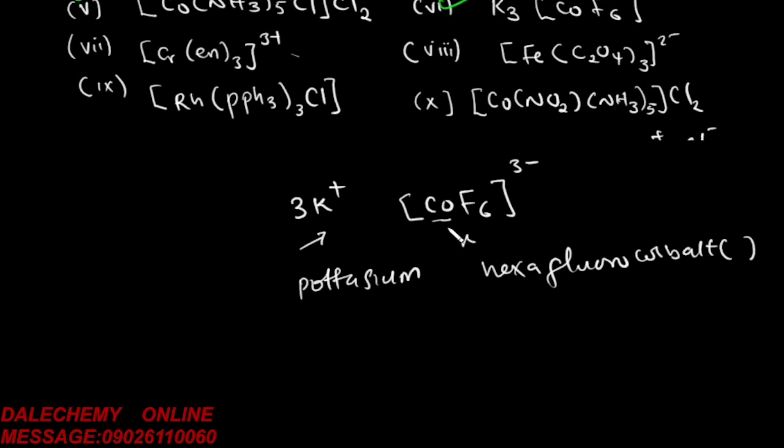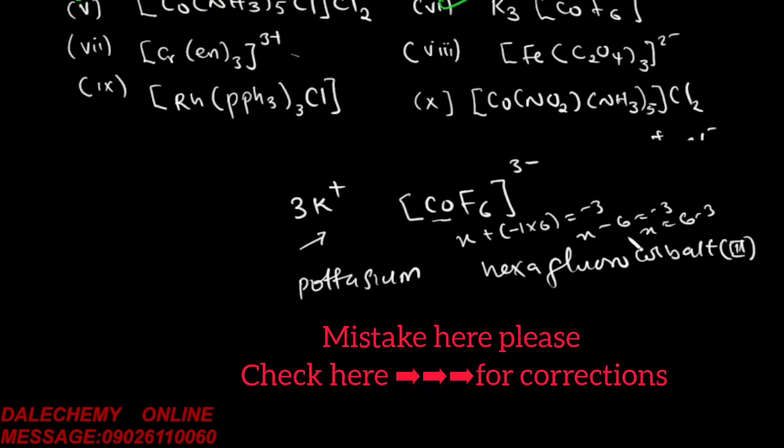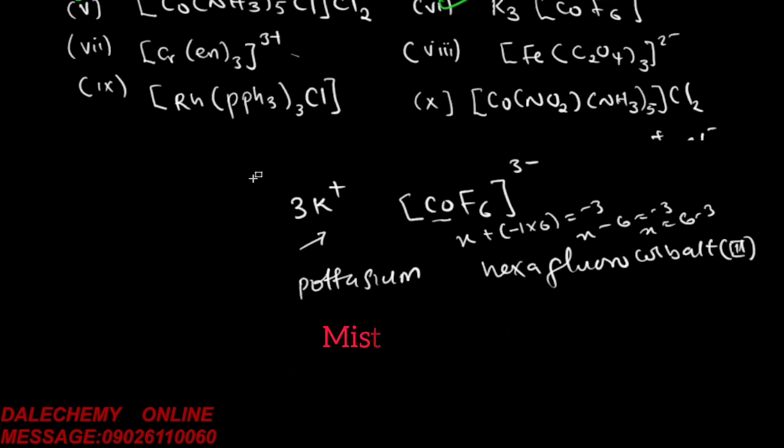To find the oxidation state, it will be X plus fluorine, minus 1 times 6, which will give us minus 3. So X minus 6 equals minus 3, and X equals 6 minus 3. That's plus 3 as well. So the name of the sixth one will become potassium hexafluorocobalt 3. So that's all.